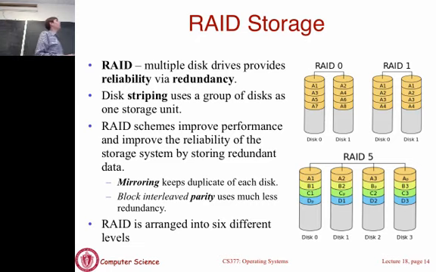This is what we call RAID 0. If each of these drives is 1 terabyte, and we have a RAID array of 4 1 terabyte drives, then with RAID 0 we're just striping data across all of these drives, and this array gives us 4 terabytes of storage, because we still have the storage in each individual drive.